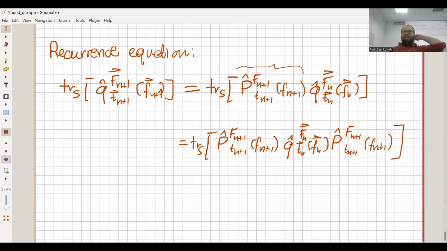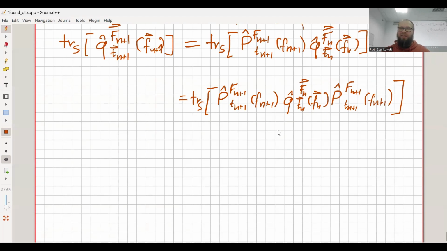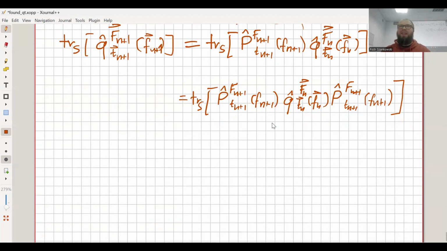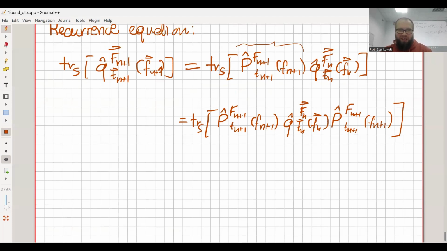All right. So this is a recurrence equation, right? Because it tells us that the trace of Q n plus 1 is given in terms of Q n, n plus 1 in terms of n. So it's a recurrence equation, and you have an initial condition.